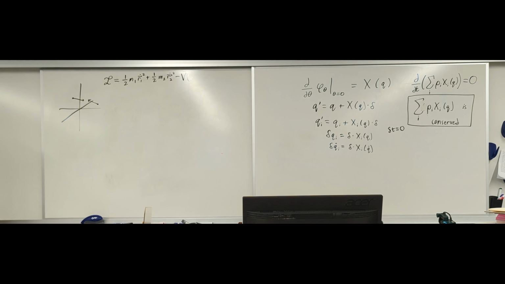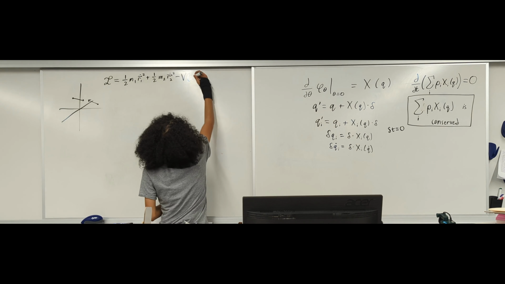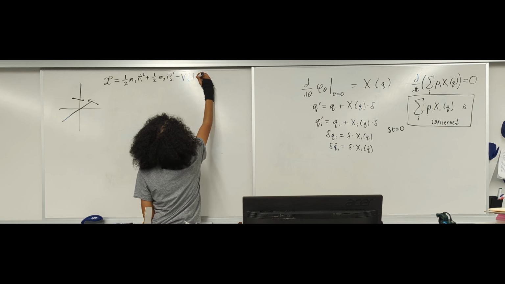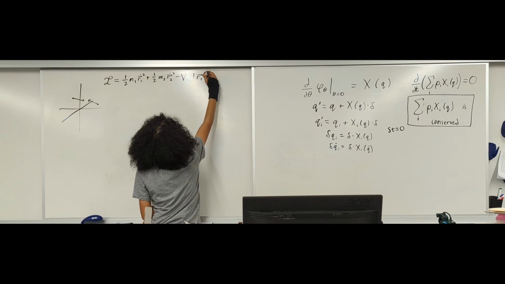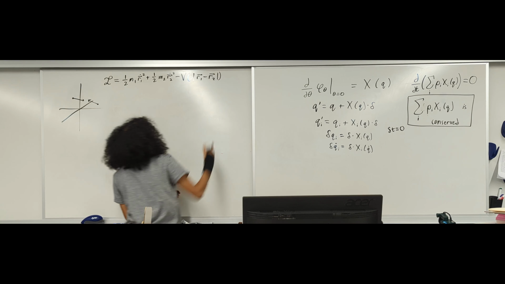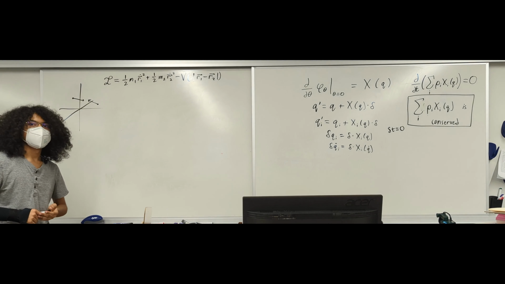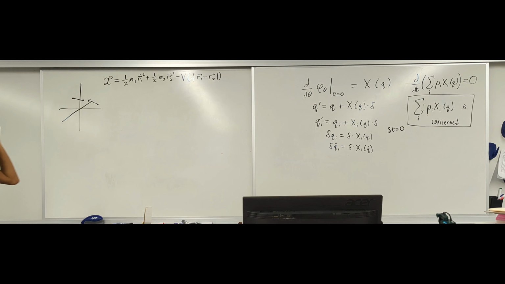And we're going to say the potential energy depends solely on the distance between these two particles. So the distance between r1 minus r2. Okay. So something like gravity or Coulomb's law, something like that will satisfy this.